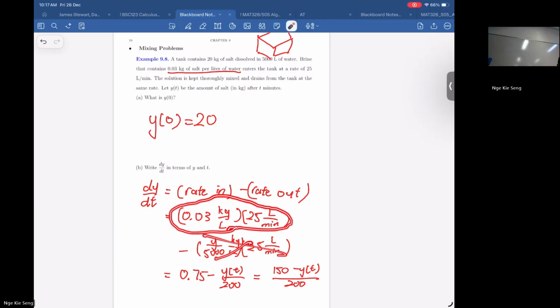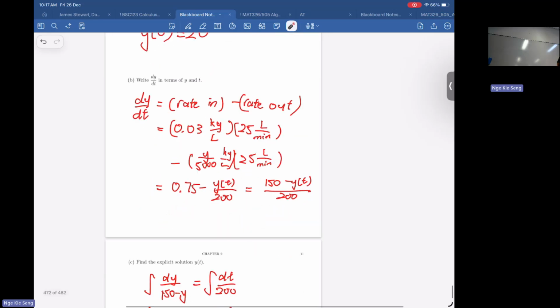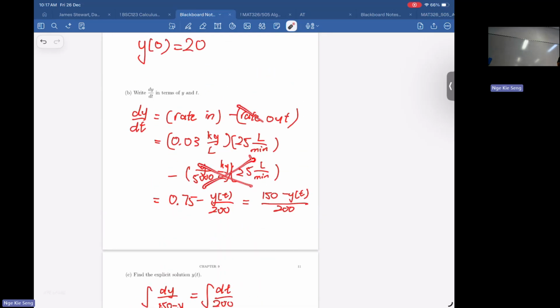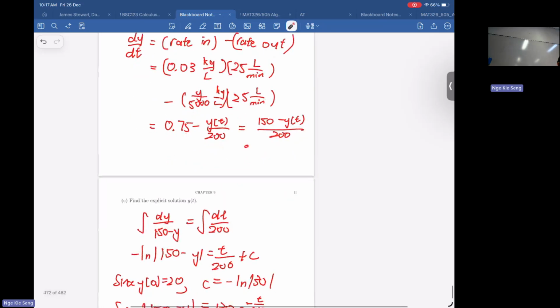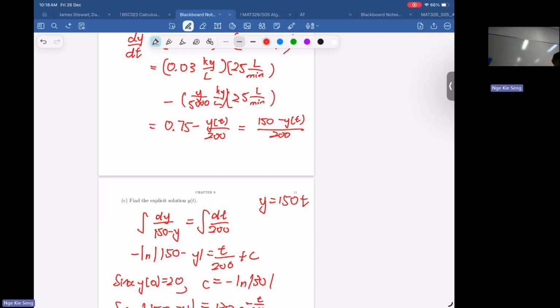Is it? Let me think. Hmm. Okay, I think it works. So let's say there's no rate out, right? So what could happen? 150. So you integrate 150, so meaning you get y equals 150t, right?